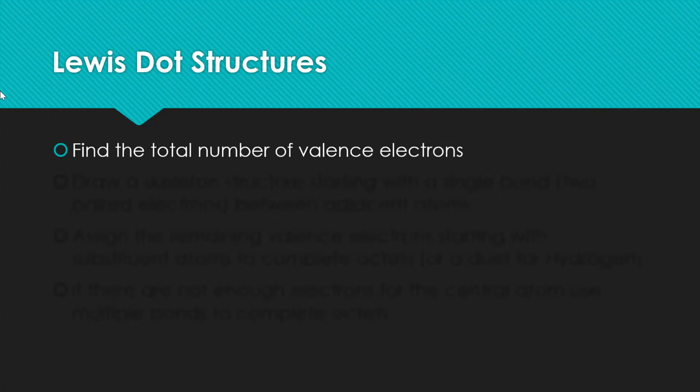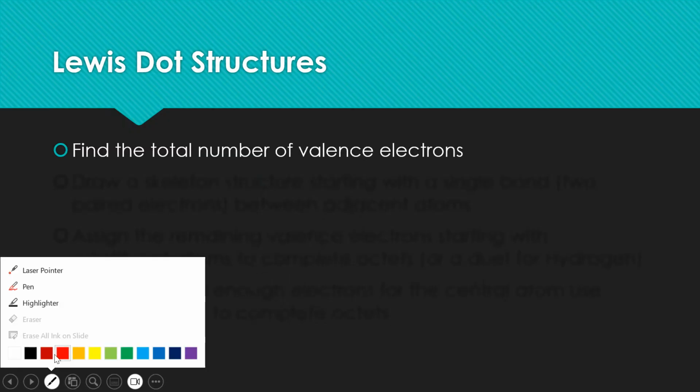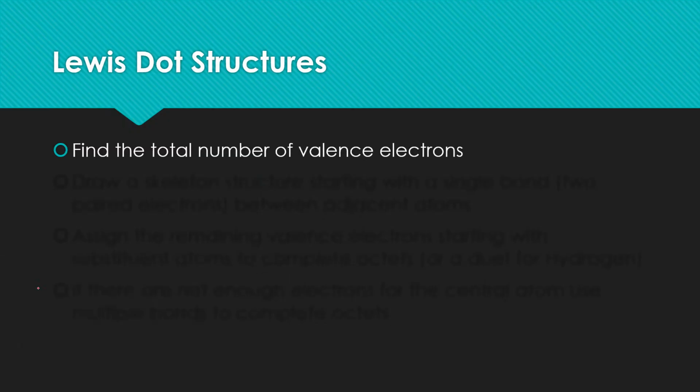A Lewis structure here, and I'm going to just put it on this and I'll erase it, would look like this. You might have something that looked like water. So hydrogen, electron, electron, oxygen, electron, electron, electron, electron, electron, electron, then hydrogen.